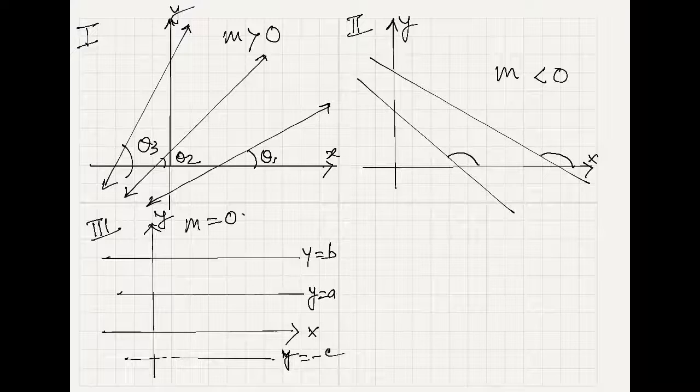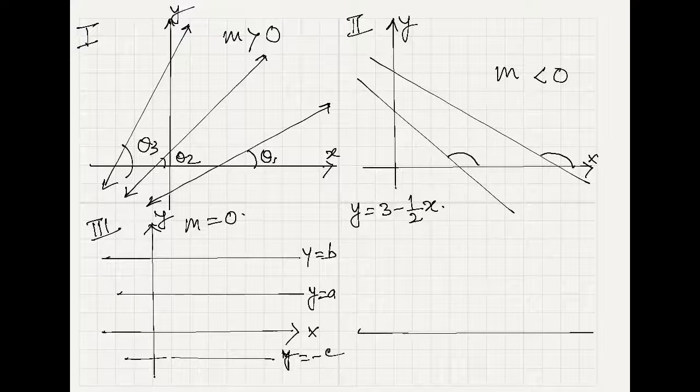Now it may ask to sketch a line like y equals 3 minus half x. To sketch a line, we at least require 2 points. Then we can draw a line very easily. To find these 2 points, we first consider x equals 0 to find the y-intercept.